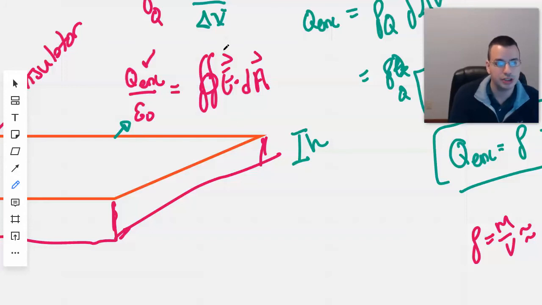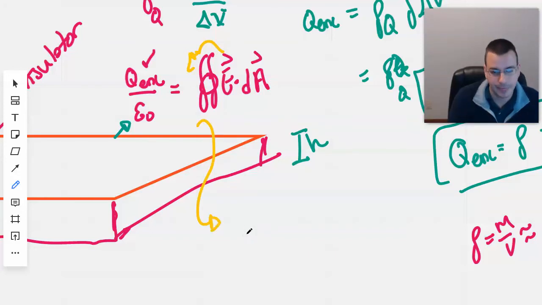Okay? We determined that the electric field is constant, so that's just going to be pulled out. And so what we're going to be looking for is the electric field, the double integral of E dot dA.